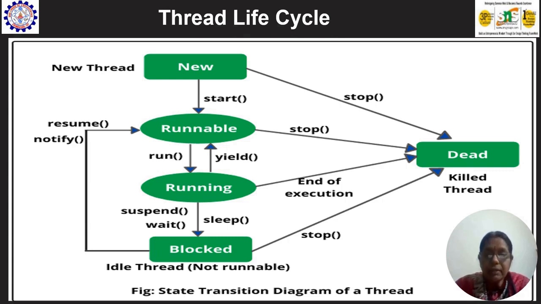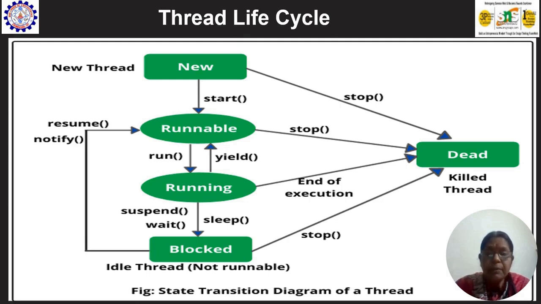You can make a thread run. A running thread can be made to stop, or you can make the running thread wait for a period of time, or block for a period of time, and you can resume the process of a thread and make a thread complete successfully.